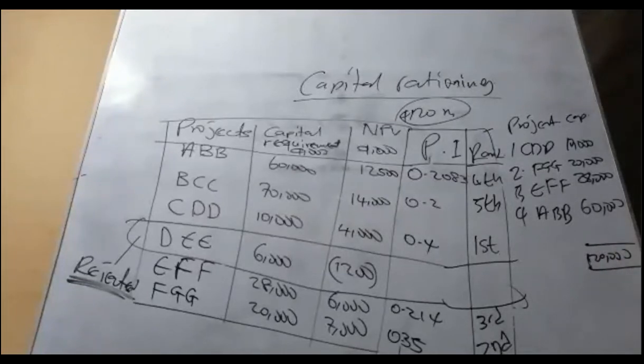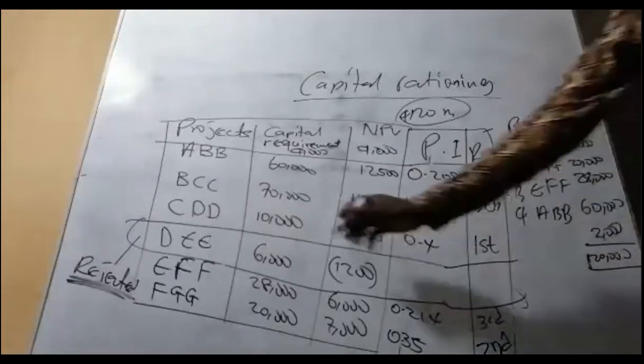So what will be the balance remaining? 58 plus 60, 118. Then we take it from 120, right? So we are left with 2,000. This 2,000, we use it to partake some of the fifth project. The fifth project is BCC.